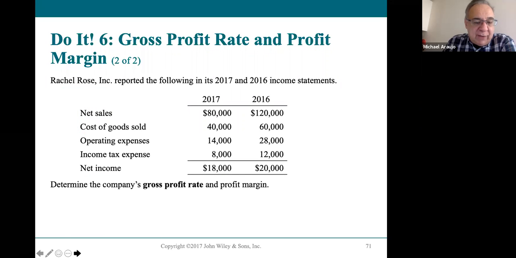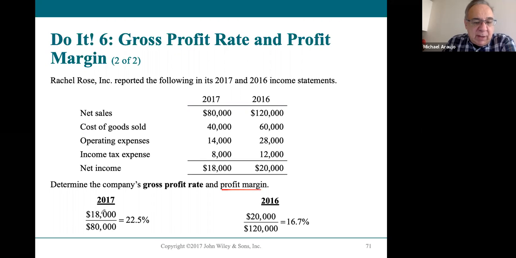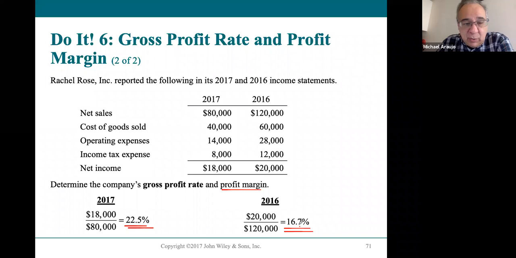When you look at it from the profit margin perspective, you've got net income of 18,000 over 80,000 in sales, 22.5%, versus 16.7%. Again, the instructions will tell you to round. It's usually to 1 decimal point. I will tell you that. So if you do get a bigger number here, just make sure you're rounding it to 1 decimal point.